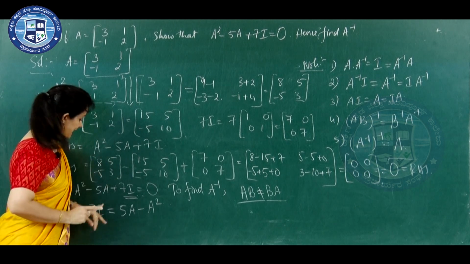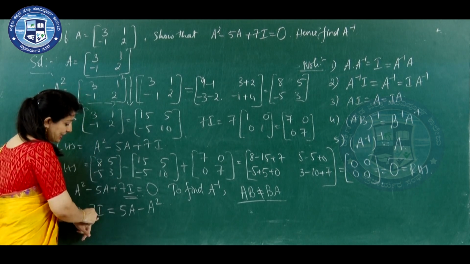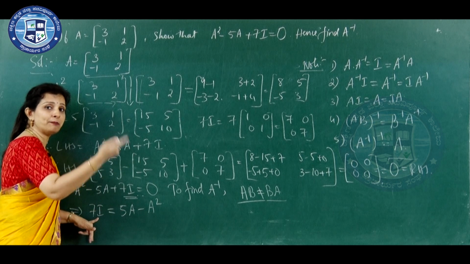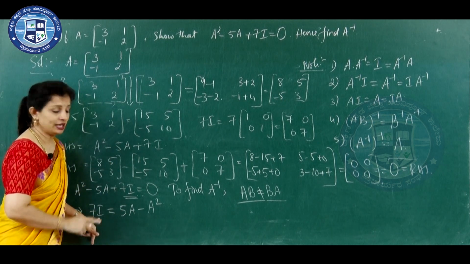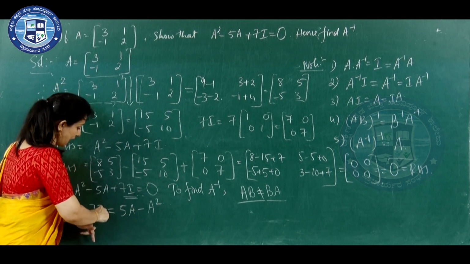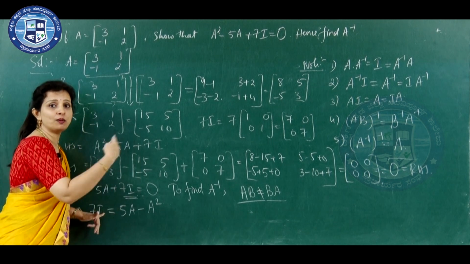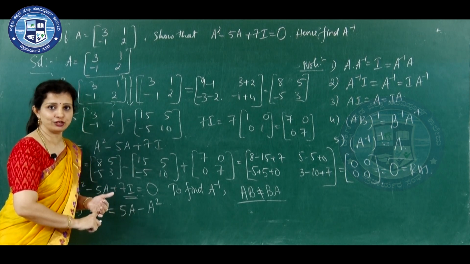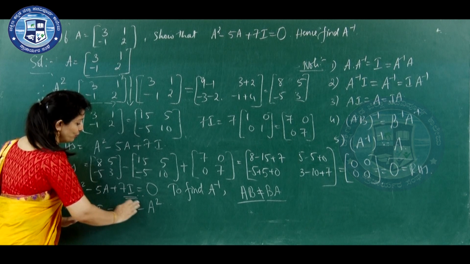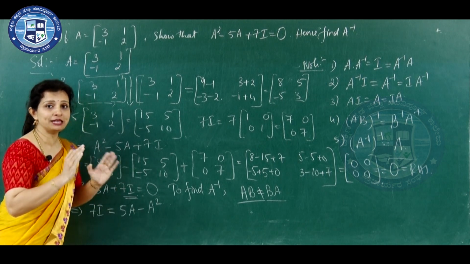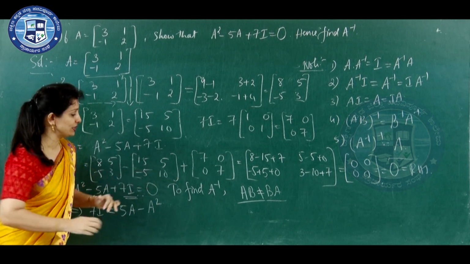If you multiply A inverse before writing the matrix, it is called pre-multiplication. If you multiply A inverse after writing the matrix, it is called post-multiplication. Here, on both sides, we apply post-multiplication of A inverse.